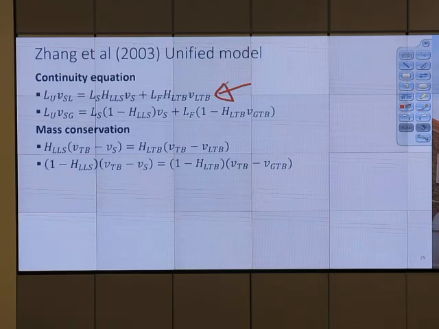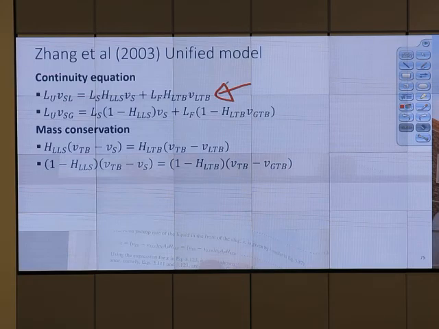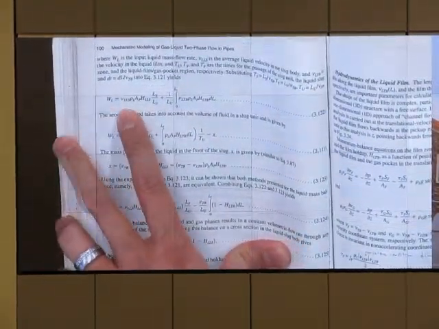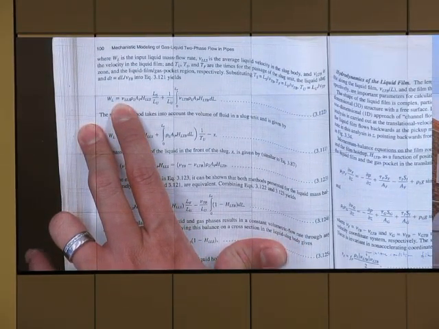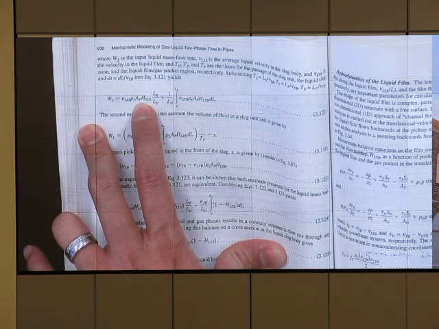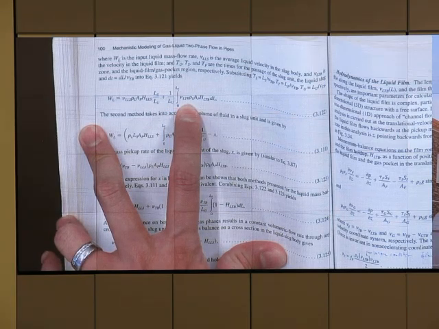How about equation 3.122, page 100? See page 100. This one: VL, VLLS, A, rho, H, LLS, VTB.